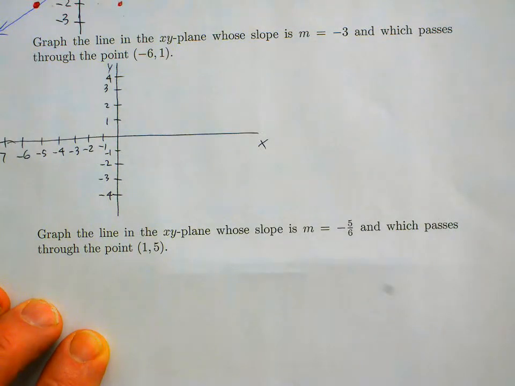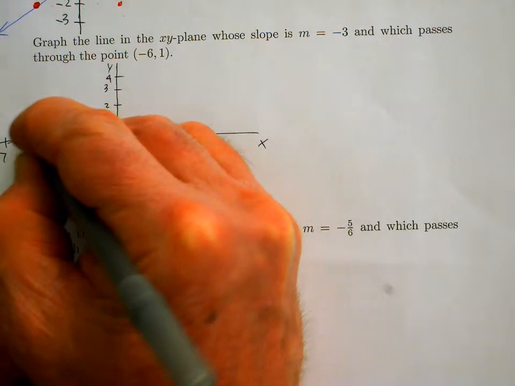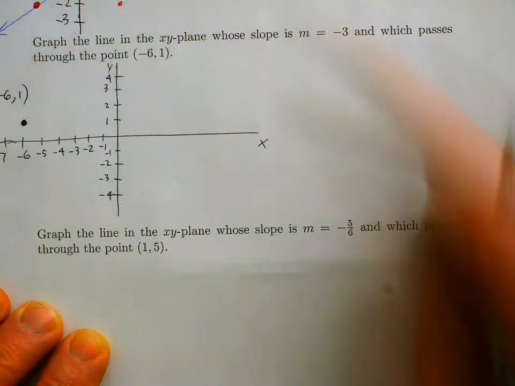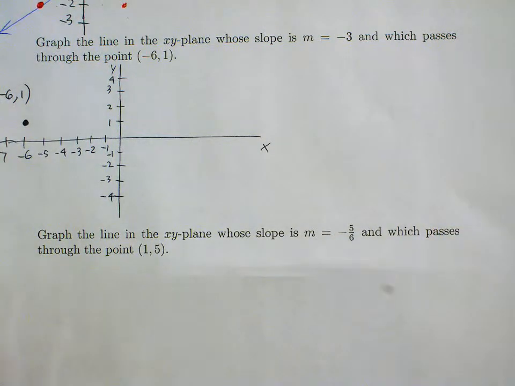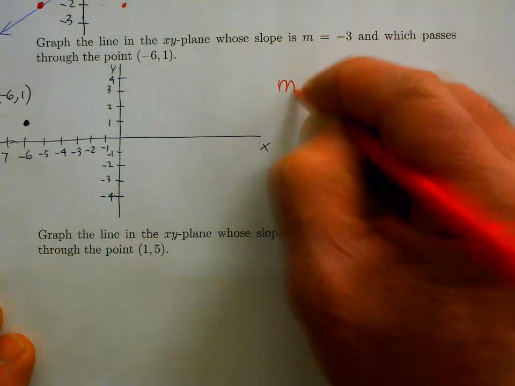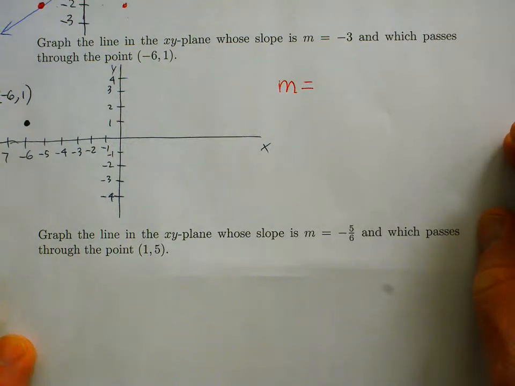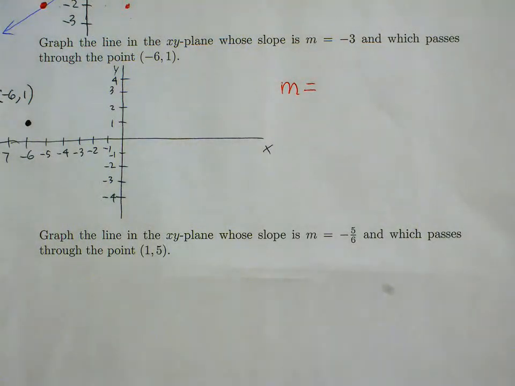Okay, the ordered pair -6, 1 is right here. -6, 1. Okay, the slope is given to be -3, but what does that mean if you think of rise over run? -3/1. Yeah, -3/1.